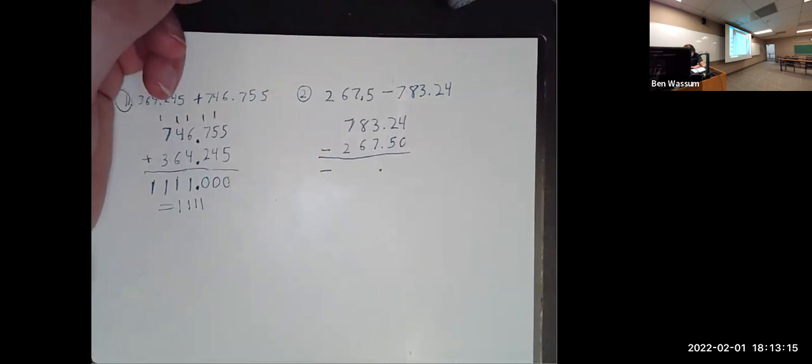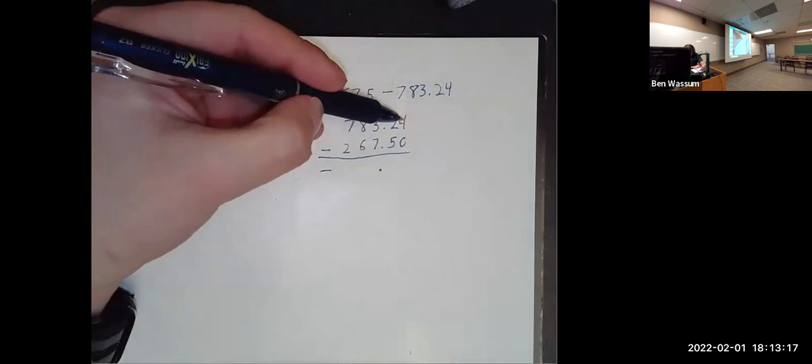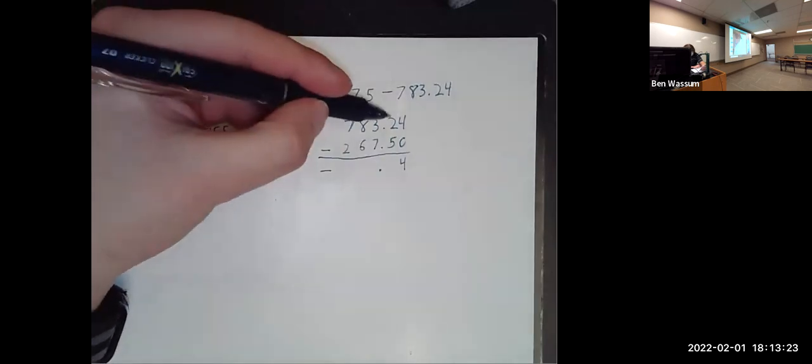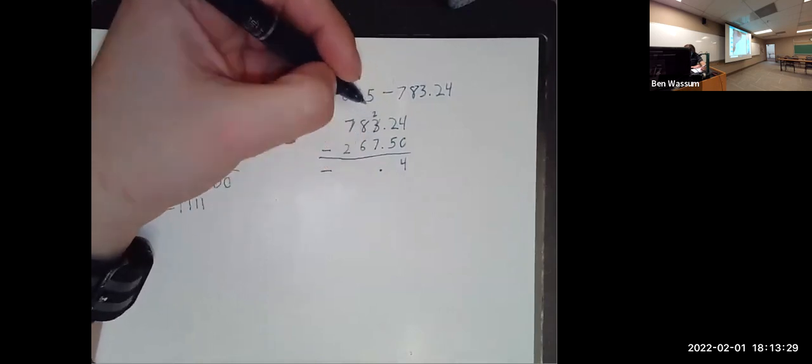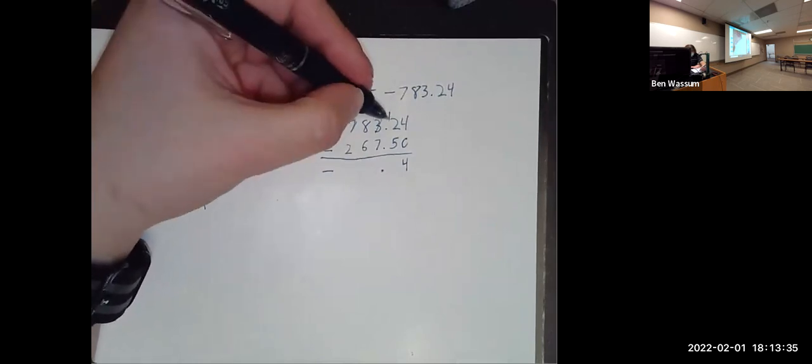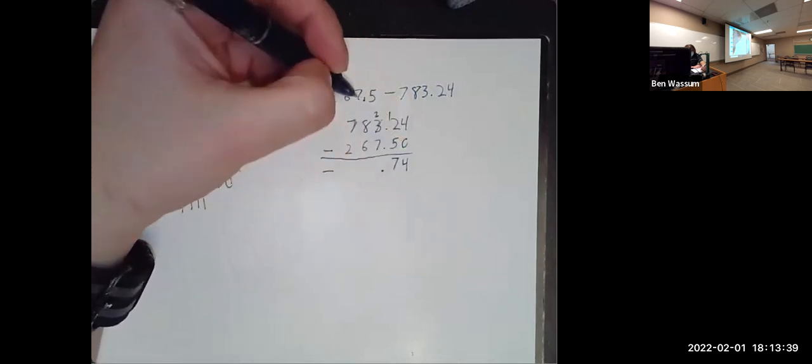So just do your standard subtraction. 4 minus 0, 4. 2 minus 5, I can't do that. So I got to borrow. This 3 will become a 2. And this 2 will become a 12. So 12 minus 5, we have a 7. 2 minus 7, again, got to borrow.